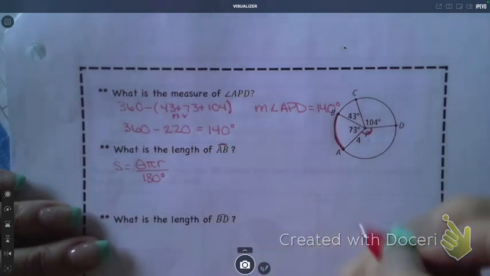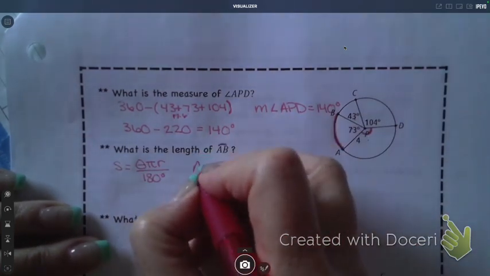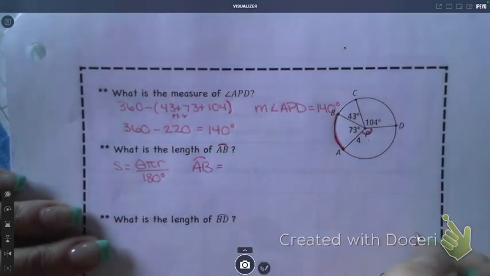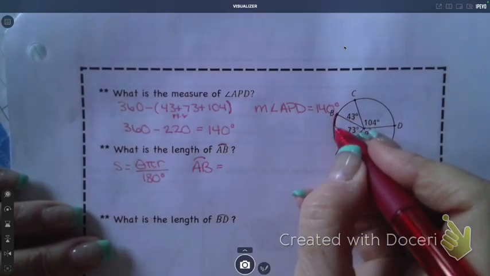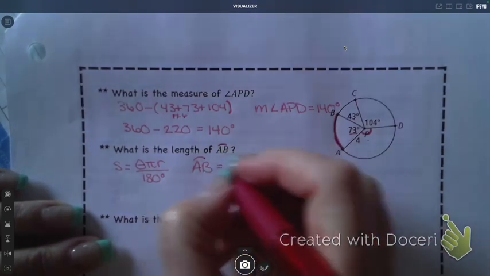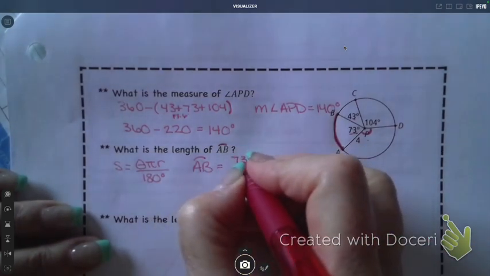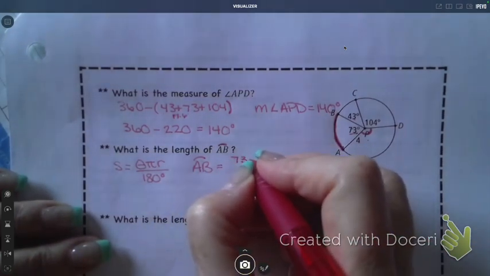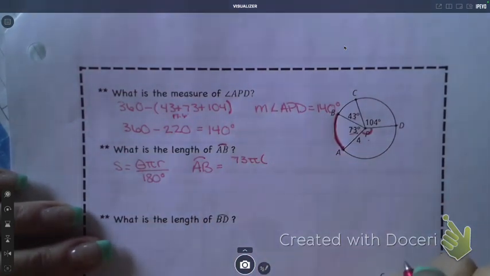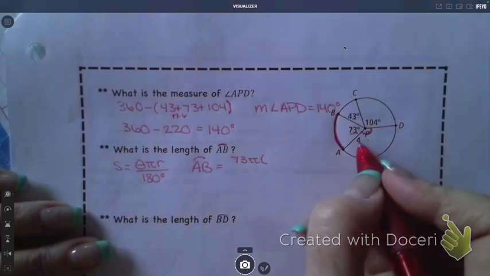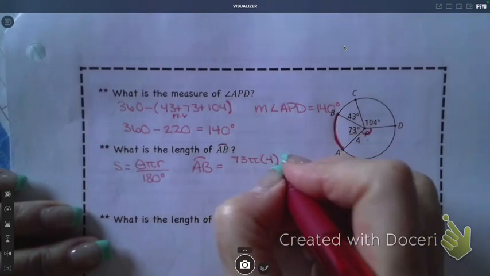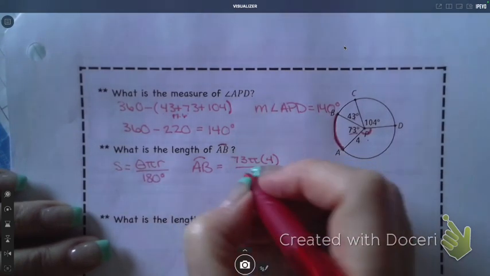So the arc AB equals, well, what's theta? Angle. So what's the angle? 73. Times pi times, and what's the radius? 4, because it's right there on the radius, isn't it? Over 180.